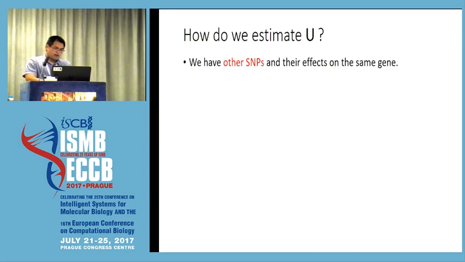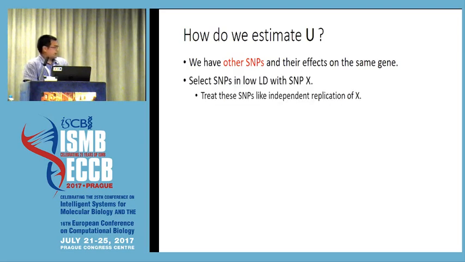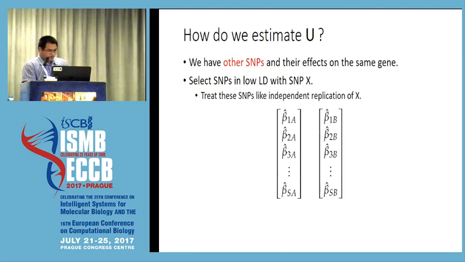So how do we estimate this matrix U? In the paper, the way we estimate U is that we use the other SNPs in the data, and we only look at SNPs that have very low LD with the SNP X, and we treat these SNPs like independent replications of X, so that we have two vectors.